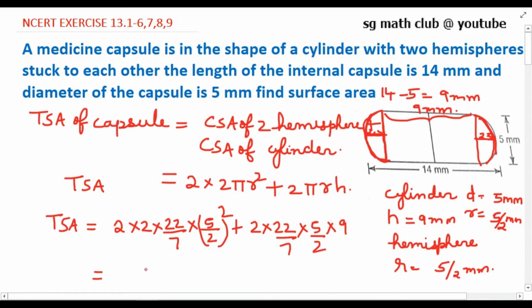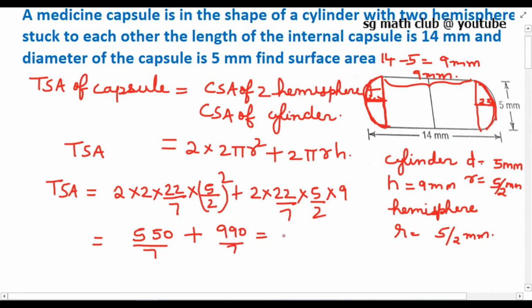So when you simplify this, we have area of both hemispherical end will be 550 by 7 plus 990 by 7, which is equal to 1540 by 7 millimeter square. This is nothing but 220 millimeter square. So the total surface area of this capsule is 220 millimeter square.